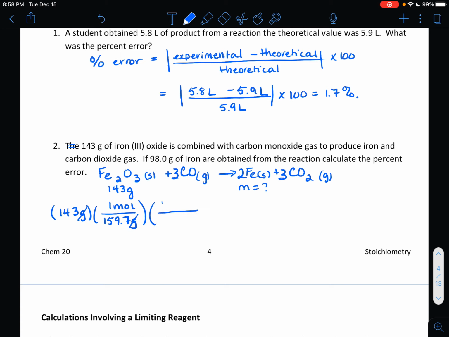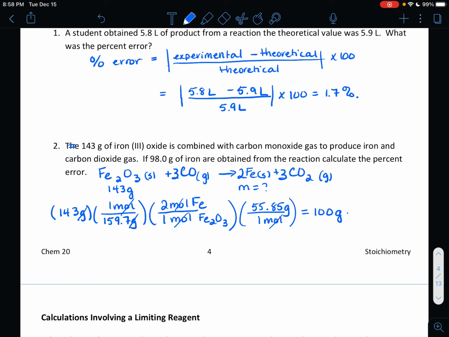Then my mole ratio, with what I'm looking for on the top, so the iron over the iron 3 oxide, and that now gives me the moles of the iron. Then I need to use the molar mass of the iron to find my theoretical value. And this turns out to be 100 grams.